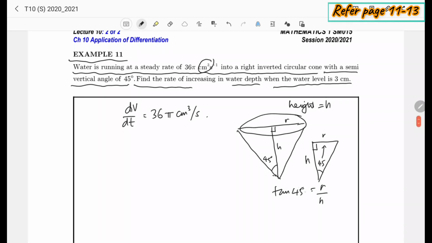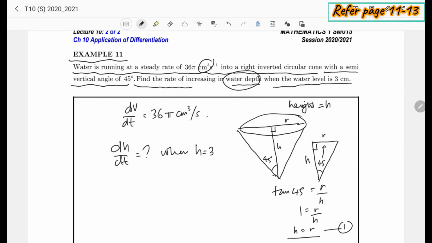Tangent 45 is 1, so r over h equals 1, so we get h equal to r. Find the rate of increase of water depth, so we need to get dh/dt when h is 3 cm.